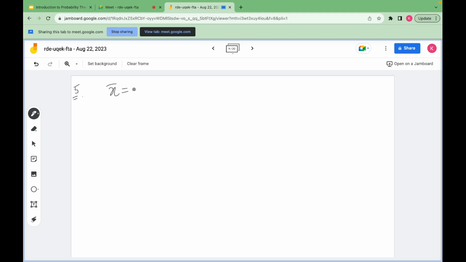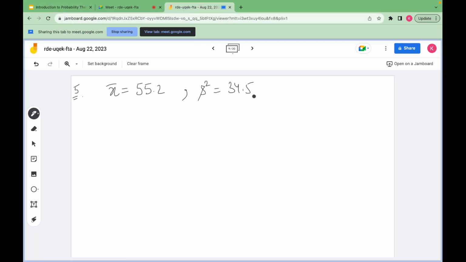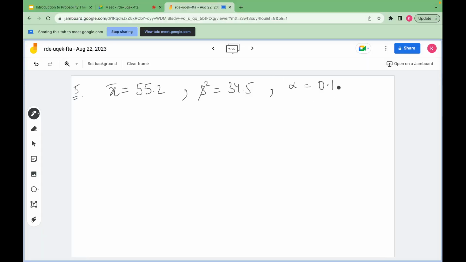We are given the sample mean which is 55.2, and S which is 34.5, the sample variance, and alpha is given to be 0.01. It's 99%. So we need to find the range for mu when sigma square is unknown.